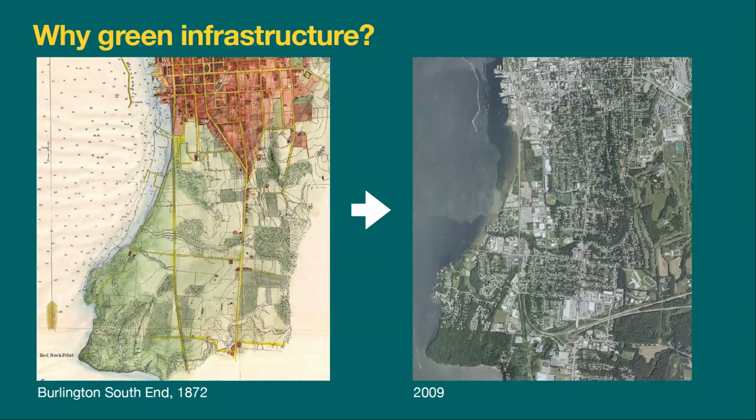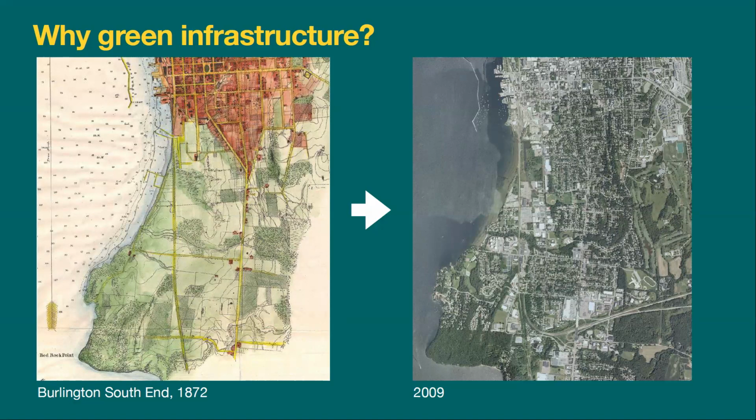So with green infrastructure, we are trying to mimic what is happening here hydrologically by, as Britton said, capturing water as close to the source as possible from where the rain falls or snow melts, in order to offset all the impervious surface and changes to the landscape that we have made over here.